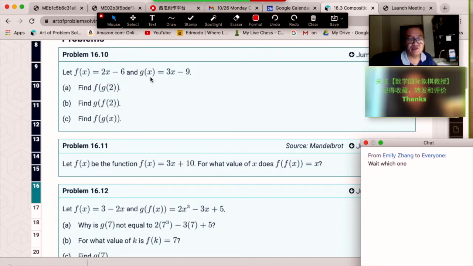When x equals 2, plug into g(x), then find what g(2) is. After you got g(2), g(2) is a number, right? Then you plug it into f, use that number, and you get a value for f. That value is what we are looking for, right?